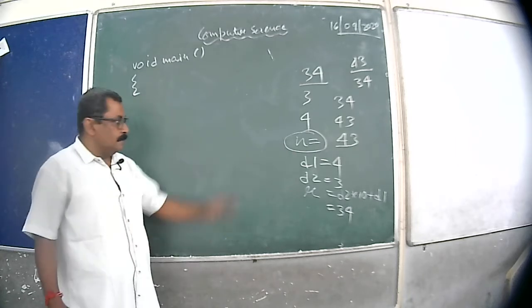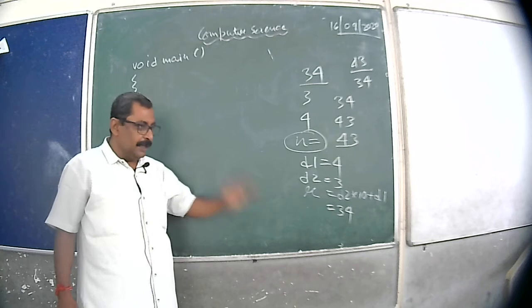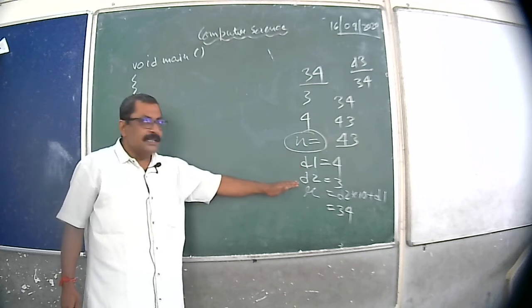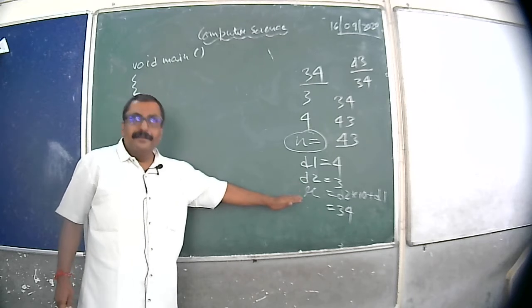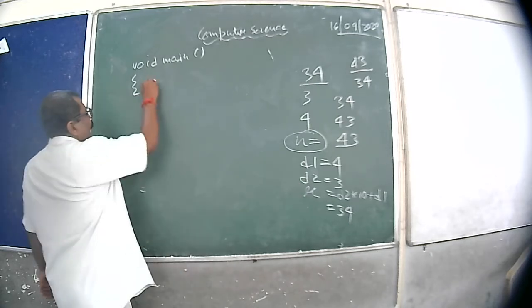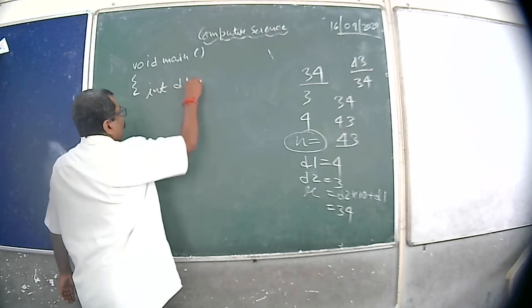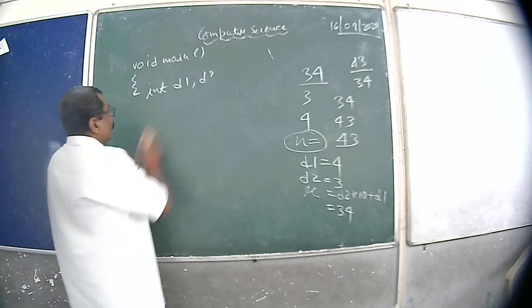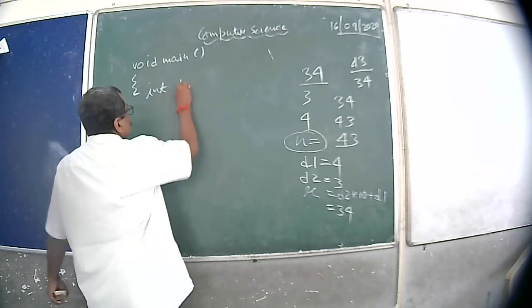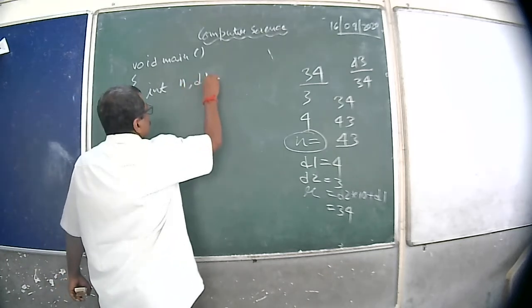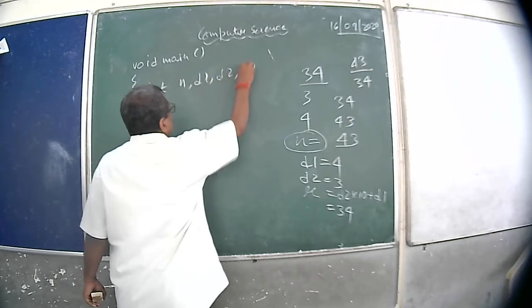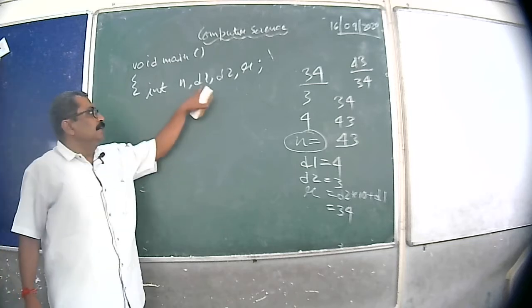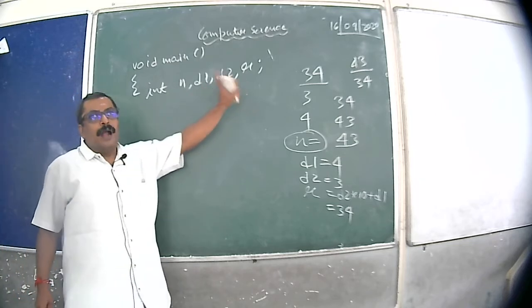Total 4 variables: n for number, D1 the first digit, D2 the second digit, and R the reverse. So, int n, d1, d2, r.